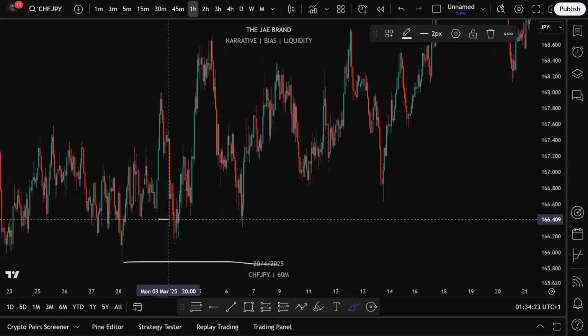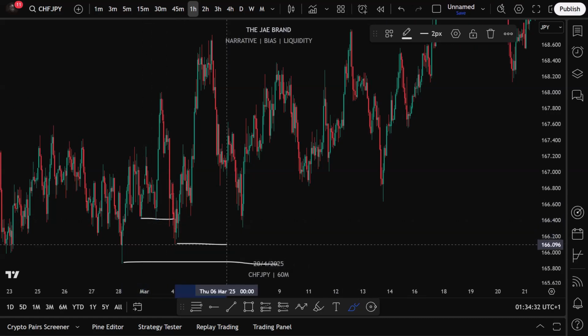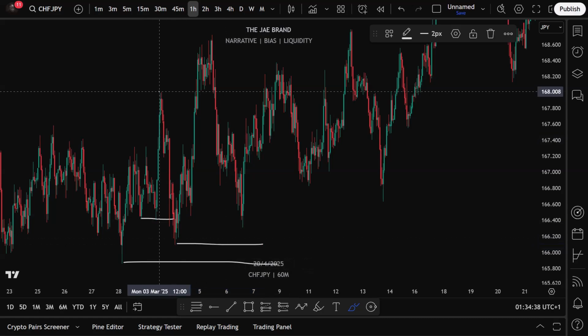That was your previous structural liquidity that was taken. This is a new low that is supposed to be protected. This is a new transactional liquidity, a break of structure, signaling that this trend will still continue to the upside.